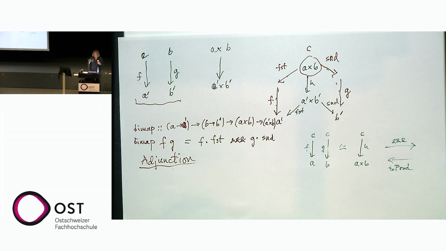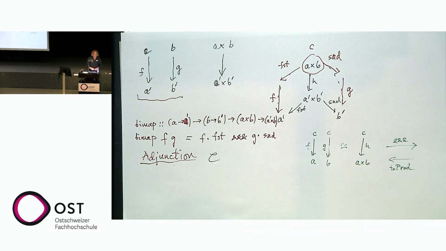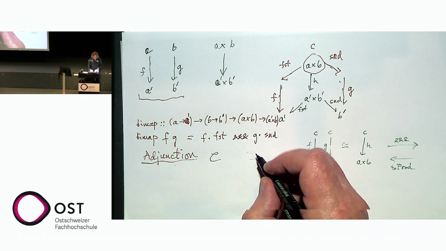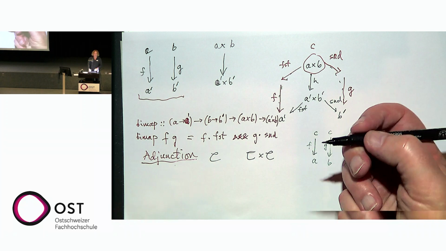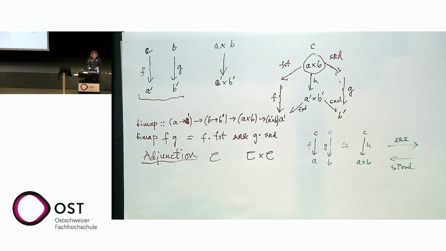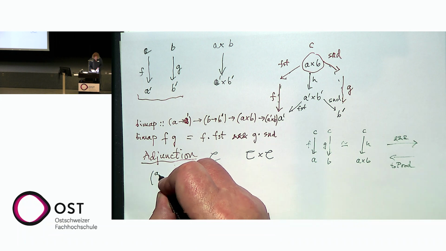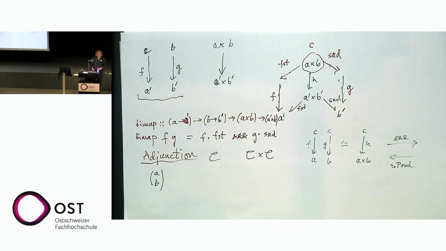So if we have our category, let's call it C, we can construct a product category, C cross C, by just saying the objects in this category will be pairs of objects from C. So like A and B, right? That's an object in C cross C. Just a pair of objects, a pair of types in Haskell.